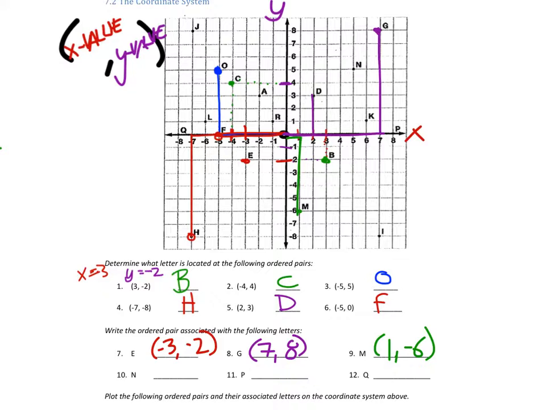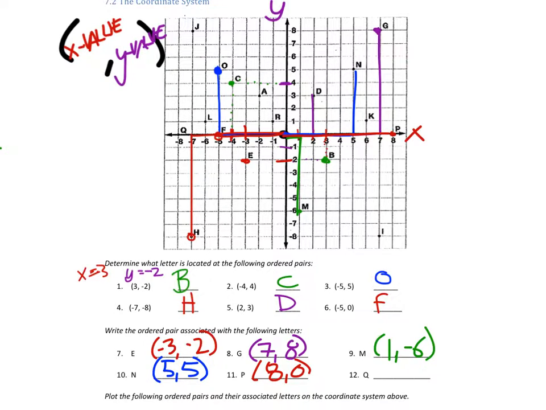N, to the right 5 and then up 5. And then P, there's P right there. P, you just go to the right 8 and then you go up or down 0, so it's just going to be 8, 0.